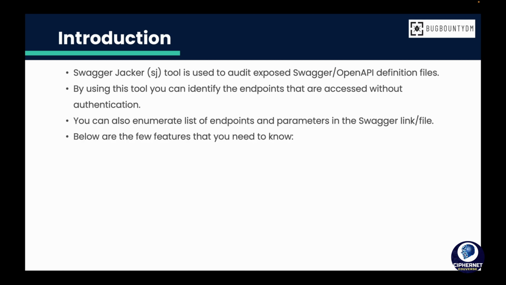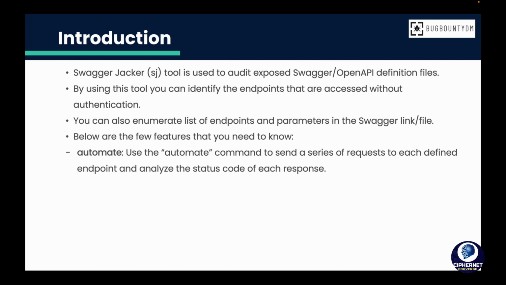Below are a few features you need to know before using the SJ tool. Automate is a command option used to send a series of requests to each defined endpoint and analyze the status codes of each response.